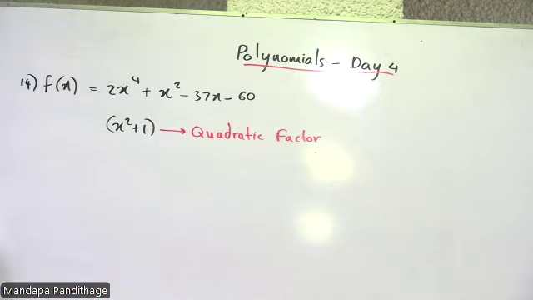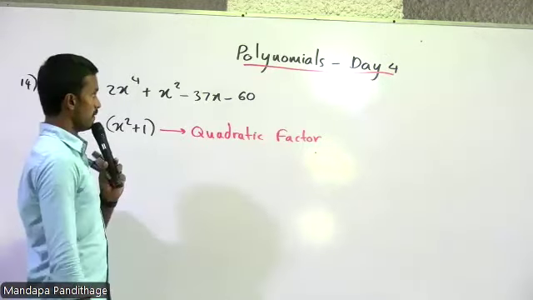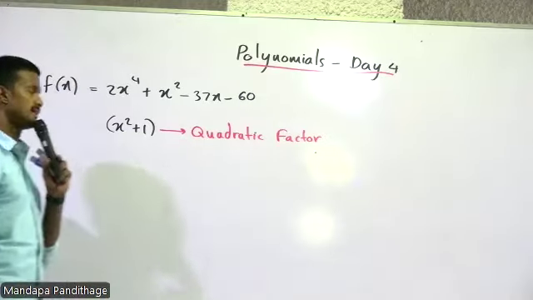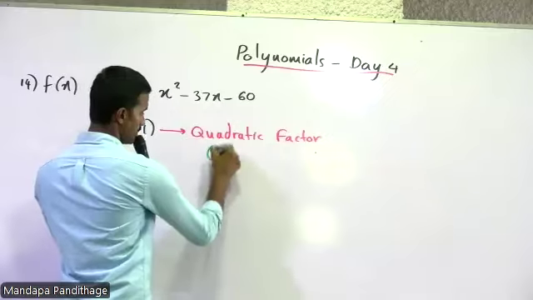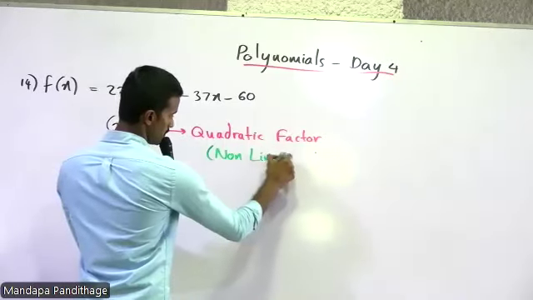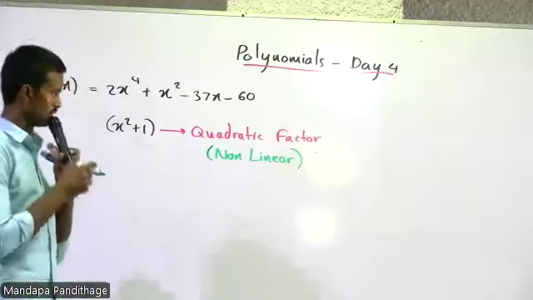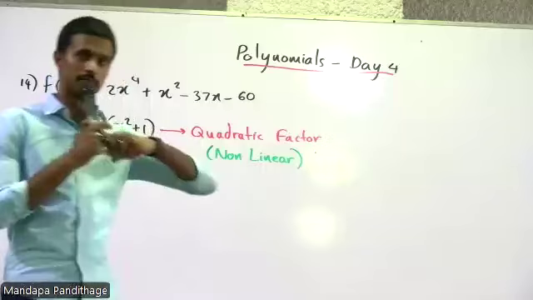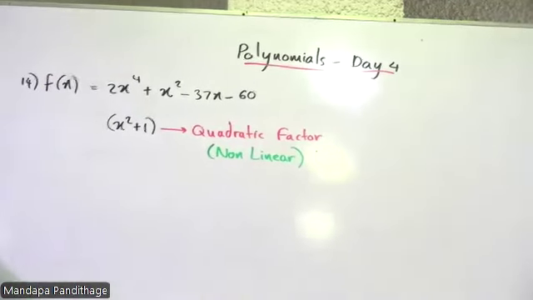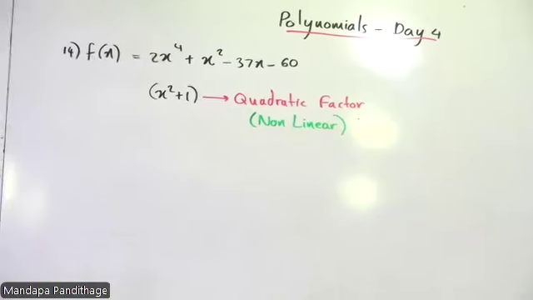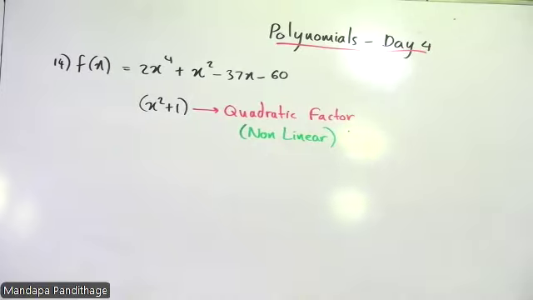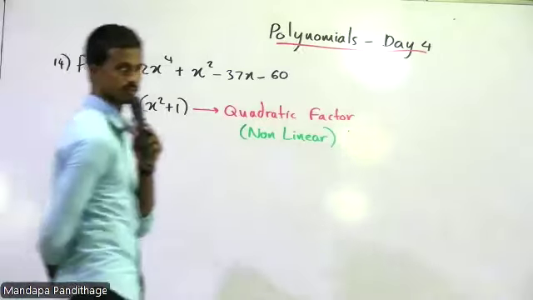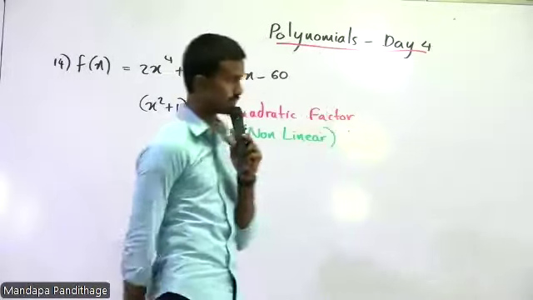Okay, write this. Both the factor theorem and the remainder theorem can be applied only if the divisor or factor is linear.